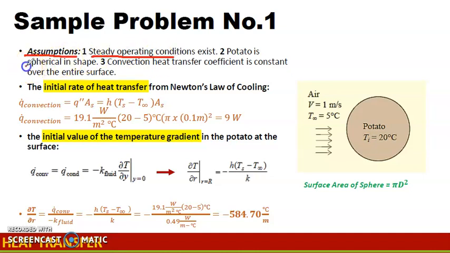We need to assume that the potato is spherical so that we can use the equation that we have. If it's not spherical, then we cannot use the equation. Though potatoes are not really spherical in shape, mostly they are close to a sphere, so that's why it is being assumed here as well.